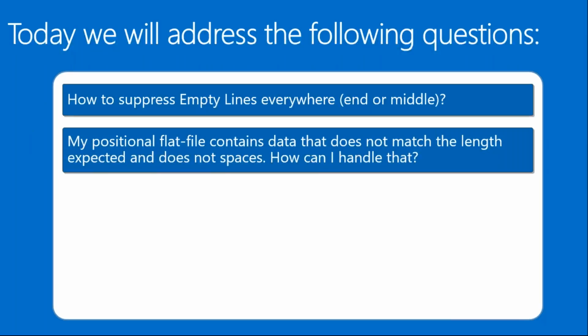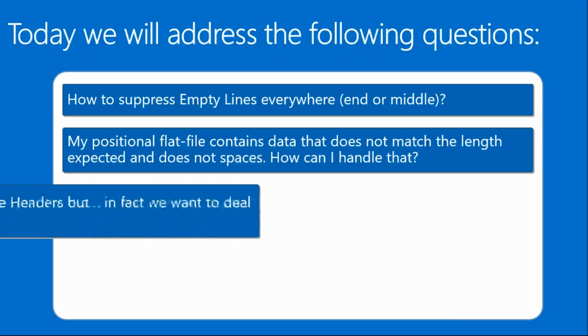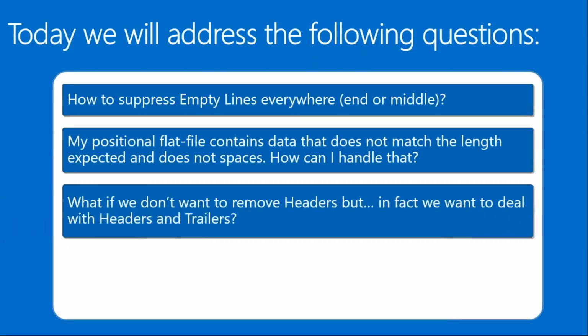How can I handle special positional flat files that don't have the length that we expect, so they end earlier than we expect? How can I deal with headers and trailers without removing them?